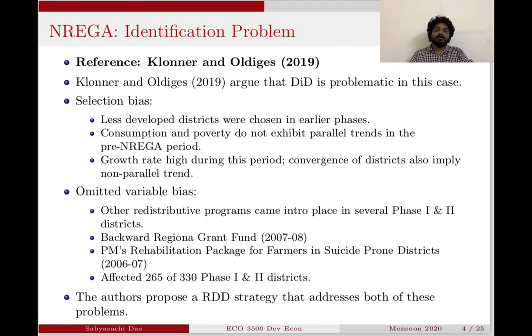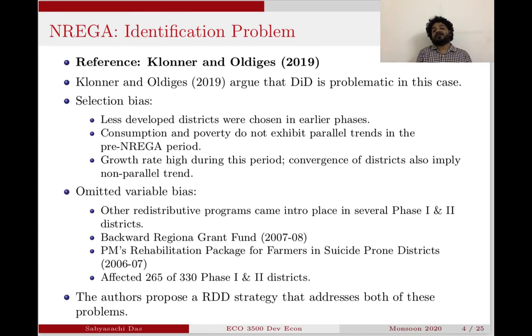And the second is omitted variable bias, which is also something I mentioned while discussing DID. Here the author's point is that when NREGA is getting implemented, around the same time there are two other programs getting implemented as well that also benefit the relatively poorer districts. One is the Backward Region Grant Fund.